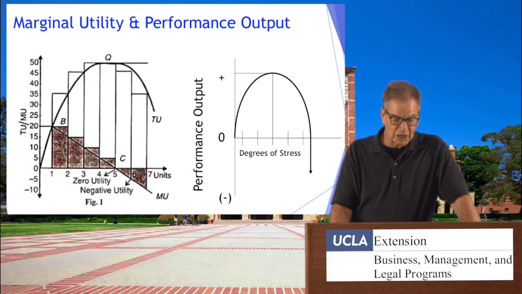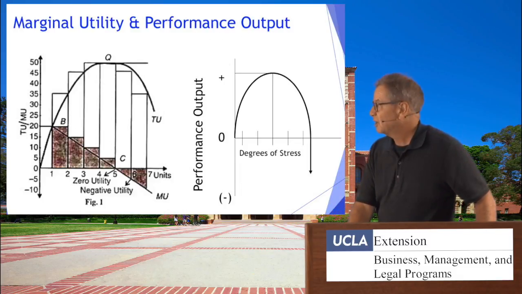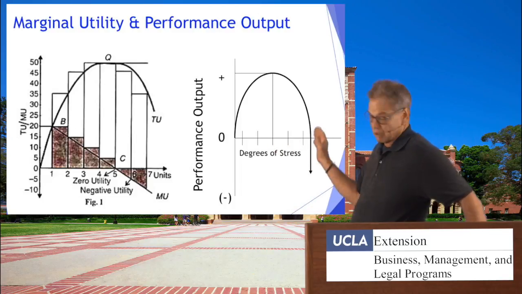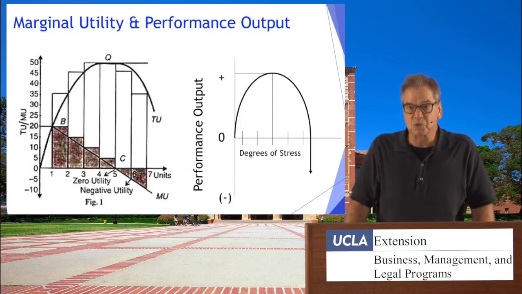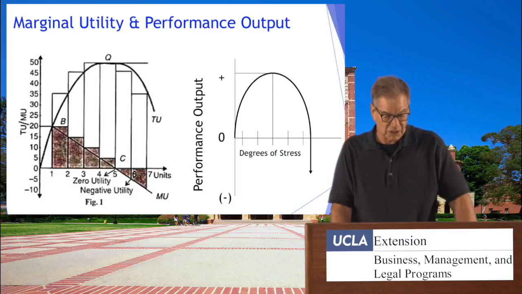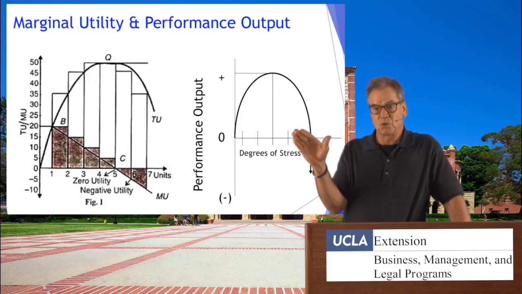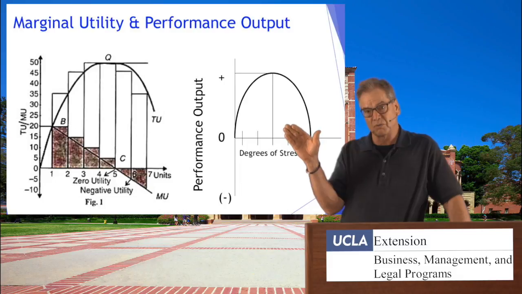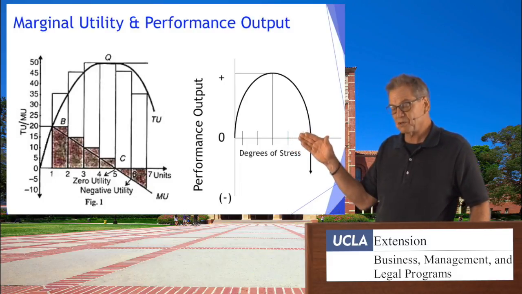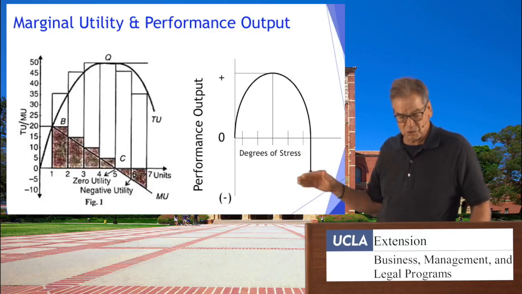Sometimes we can also look at the marginal utility and performance output in terms of the diagram on the right, in terms of degrees of stress. The more stress we have, the more we're willing to pay to solve that problem, and as that number goes back, our demand goes down because the price is going up.